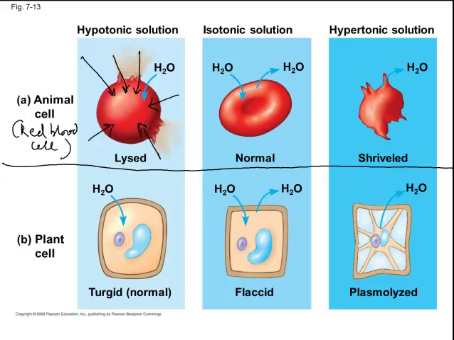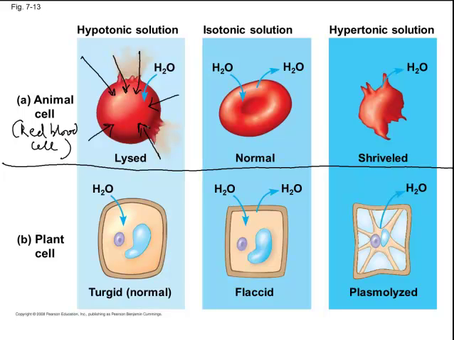So the water goes in this situation. When the animal cell is kept in an isotonic solution, you know how a red blood cell looks. It looks sort of like a donut, and as much water gets in, the same amount gets out. So the solute concentration and the free water concentration is the same inside and outside. So it looks normal, no change at all.